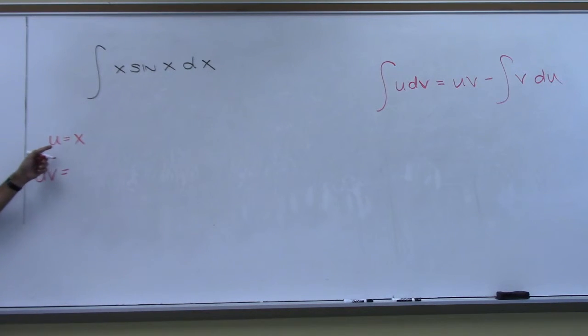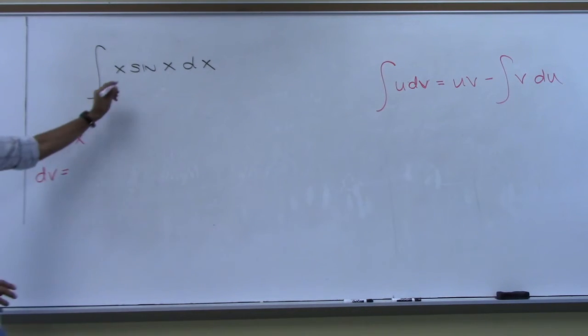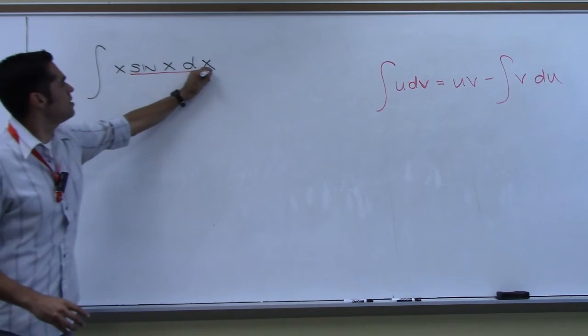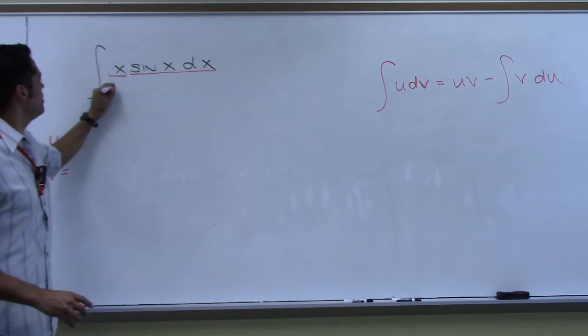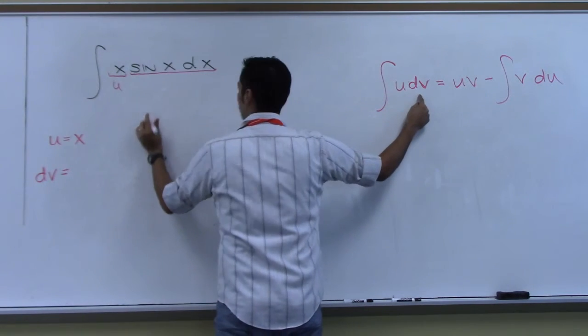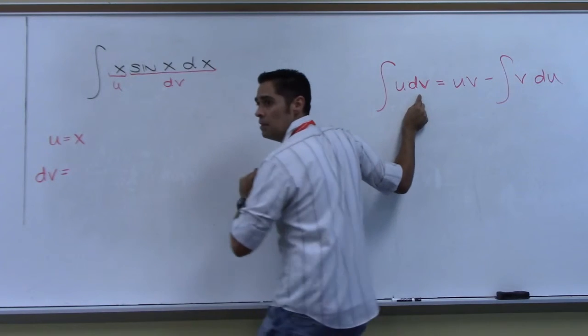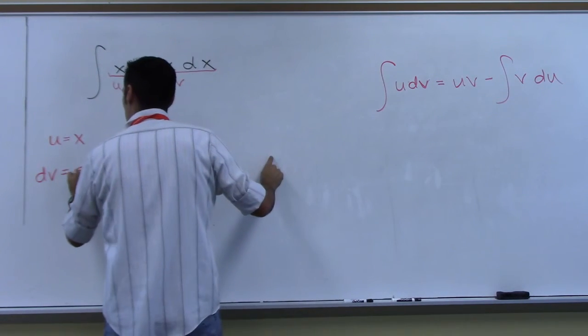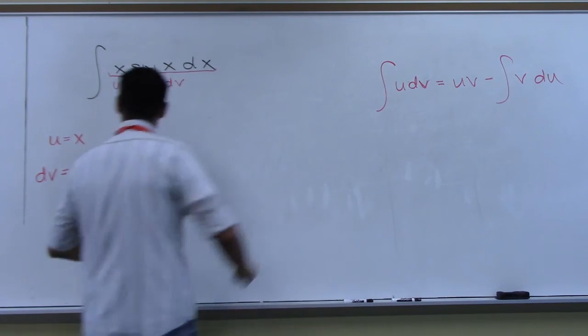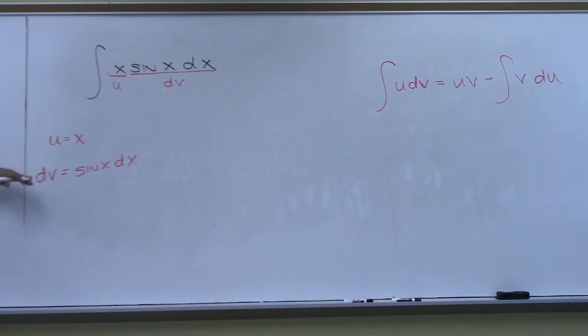It's everything else that's there. You don't do any derivatives or anything. We're going to say this piece right here is the u, right? That means everything else has to be the dv. So dv would have to be the sine x and the dx. Understand? That's one thing I could do.